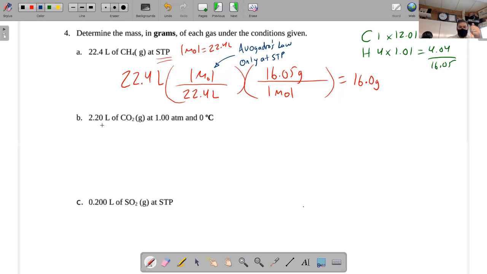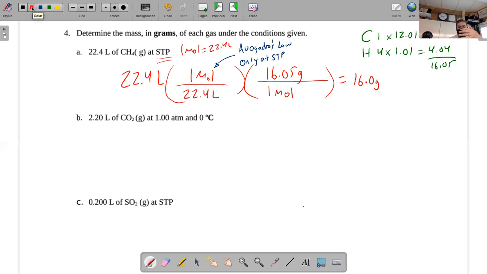But now, here's a volume of a gas, and it's 1 atmosphere and 0 degrees Celsius, which is still STP conditions, and you can use Avogadro's law, but you could also use the ideal gas law.